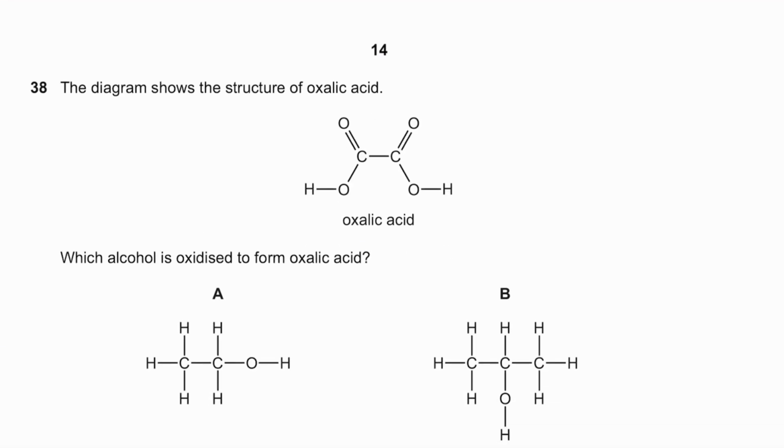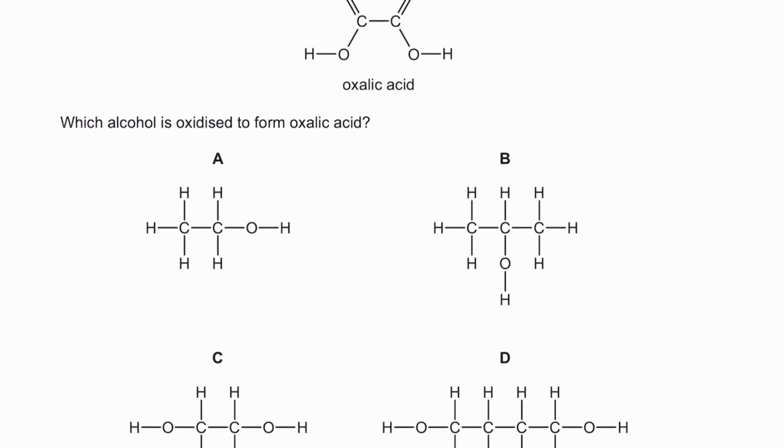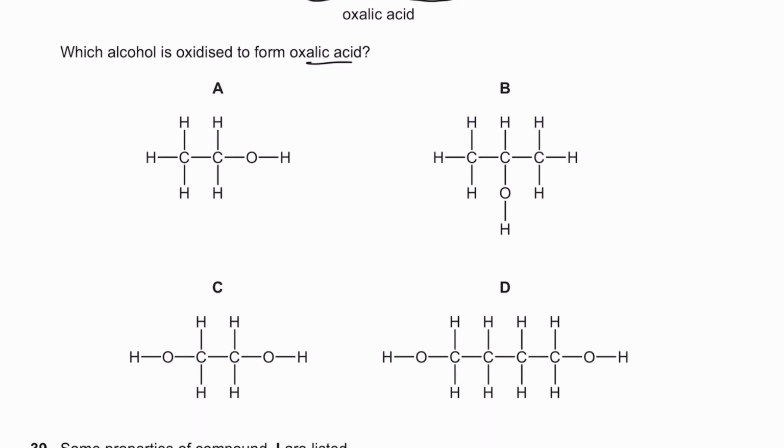Okay, so we have just 3 more questions left. The diagram shows structure of oxalic acid. Which alcohol is oxidized to form oxalic acid? So let's try to see. We have one acid group over here and one acid group, so we need 2 alcohol groups.